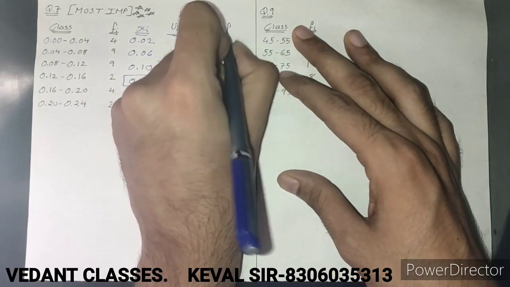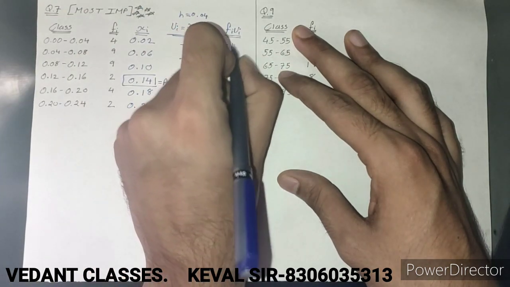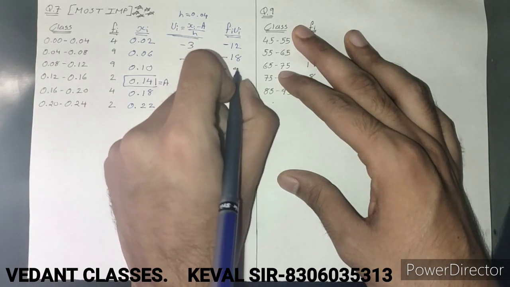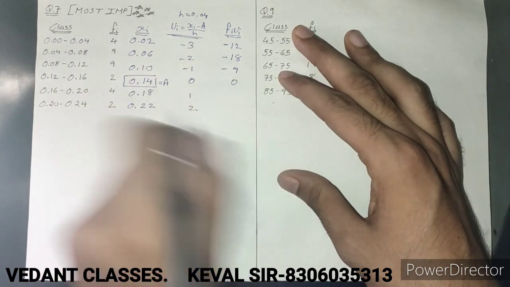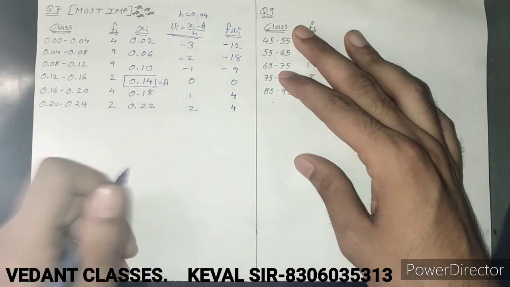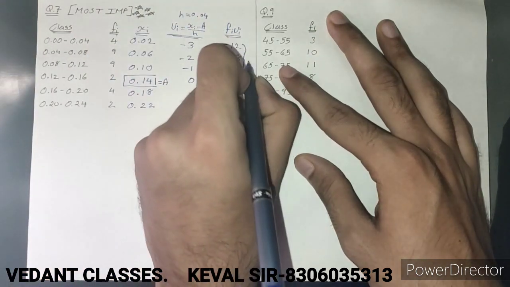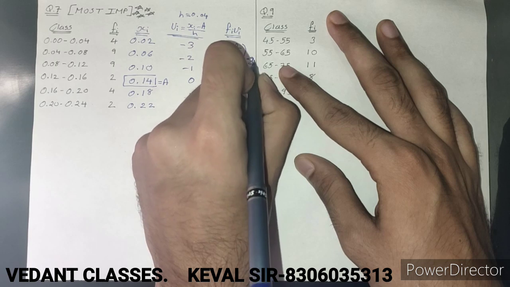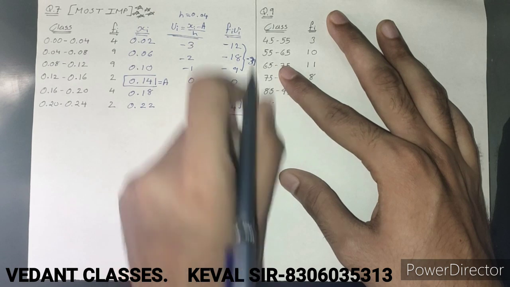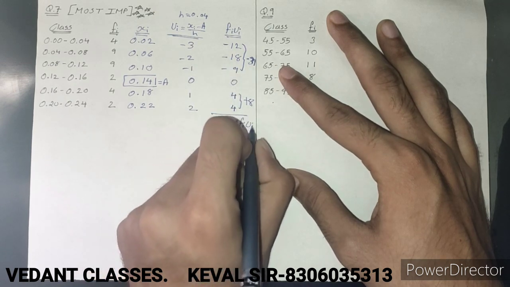Okay, now we'll calculate the value of sigma fi ui. So first of all it will become minus 12, then minus 18, then minus 9, then 0, then 4, and again 4. Okay, so here the net value is minus 39, and here the net value is positive 8. So net value will be minus 31. So it's our sigma fi ui.